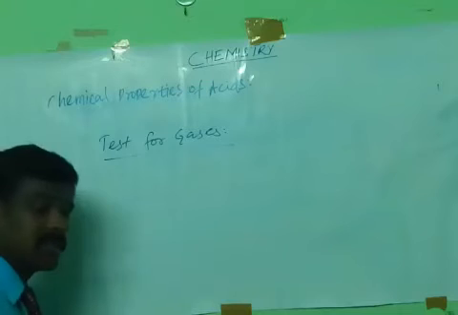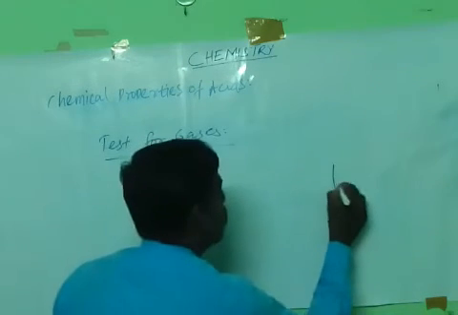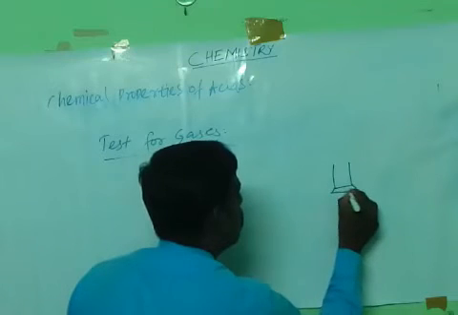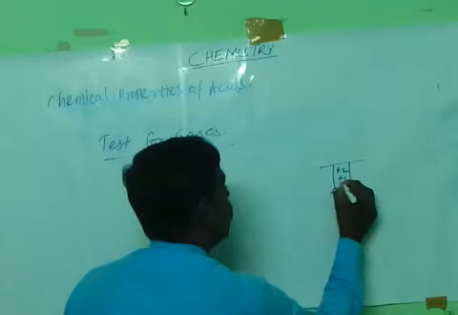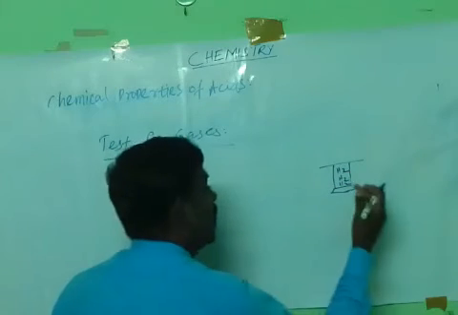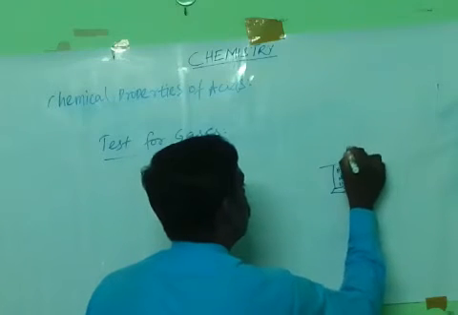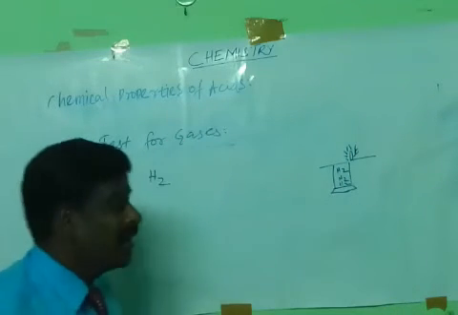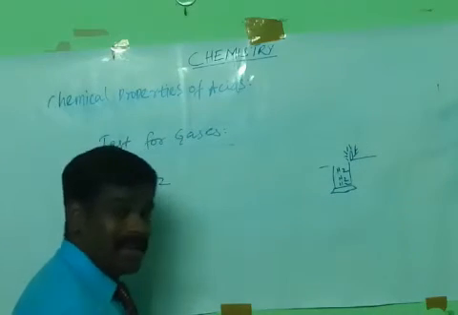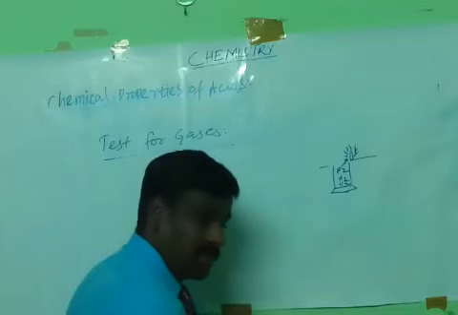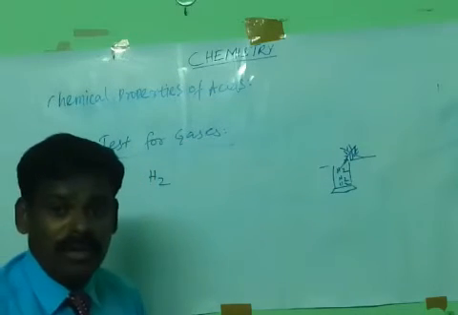Test for gases, hydrogen. Okay. See, we have a jar full of hydrogen gas. So when you bring a burning splint near to this and open this lid, when hydrogen gas comes, it will put off the flame with a sound.